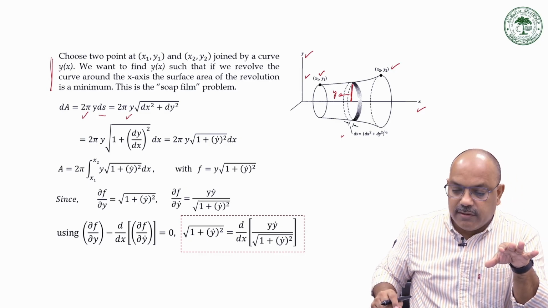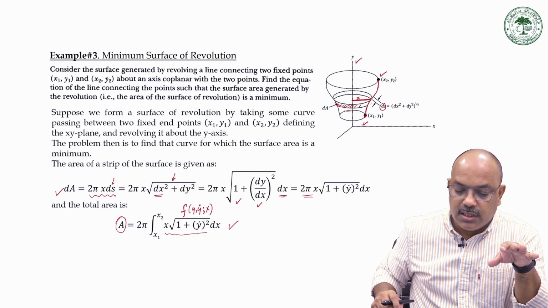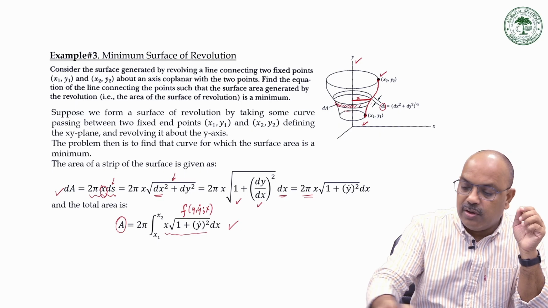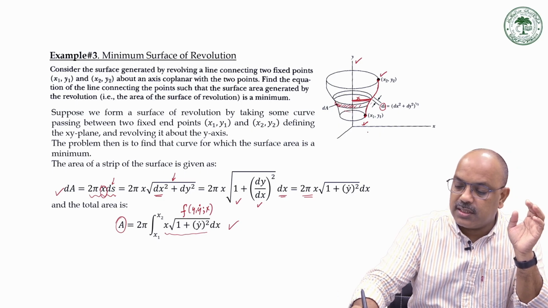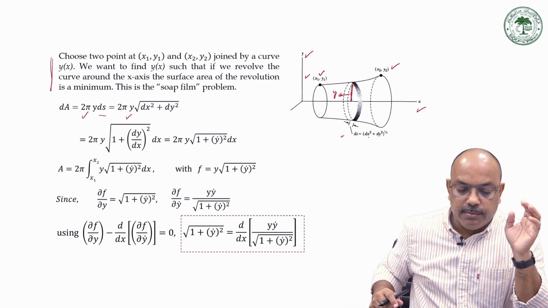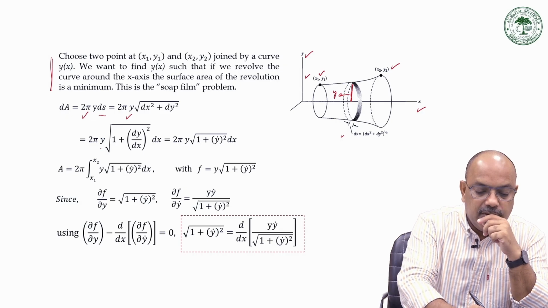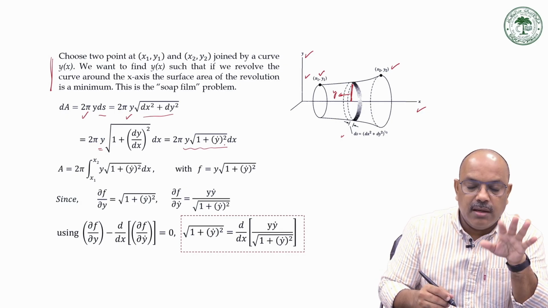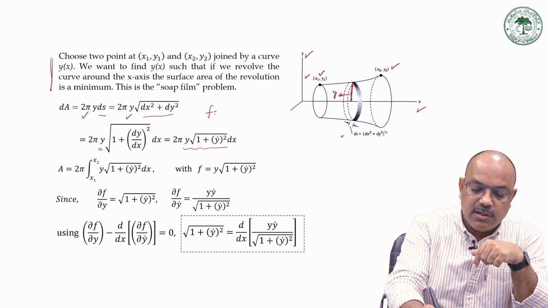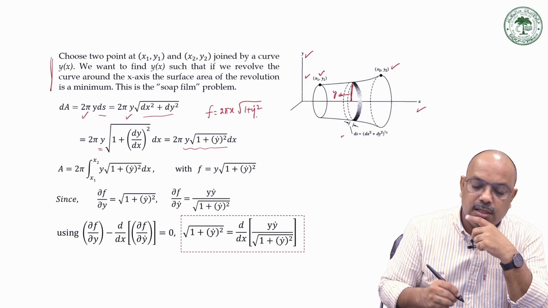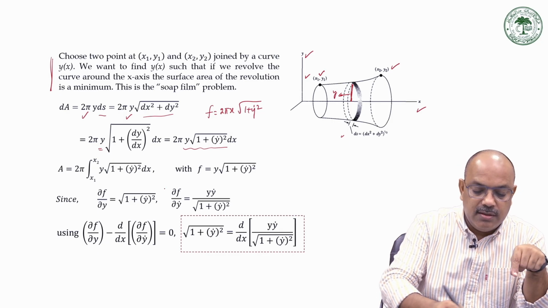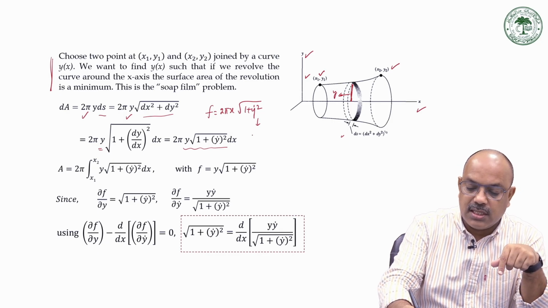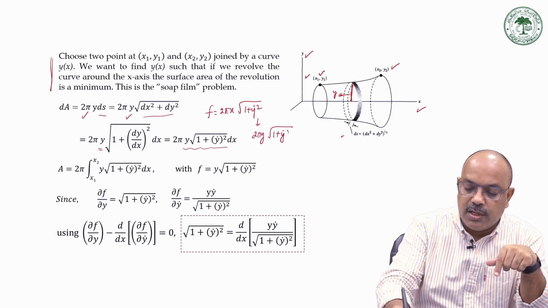So see what is the difference here. In the earlier calculation I had x, because that distance was along the x-axis. Now I take y, times the square root of 1 plus y dot square. Earlier my function was twice pi x times the square root of 1 plus y dot square. Now my functional is twice pi y times the square root of 1 plus y dot square.